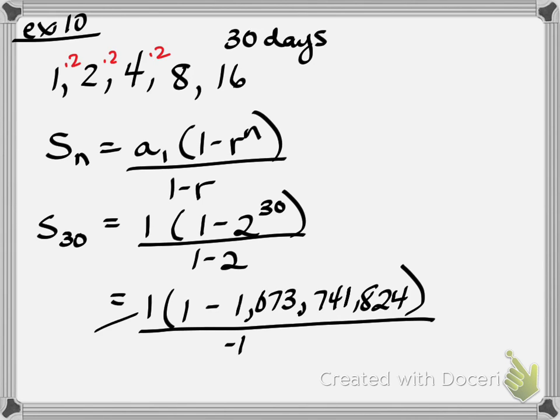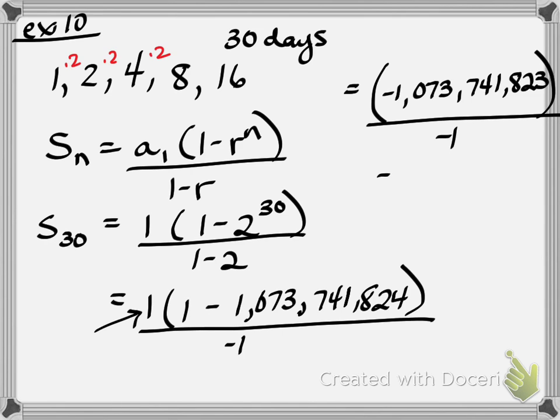I'm going to drop this 1 that's getting multiplied by the parentheses because it's not going to change it any. So inside the parentheses, 1 minus that 1 billion is -1,073,741,823 over the -1. And a negative divided by a negative is the positive of that.